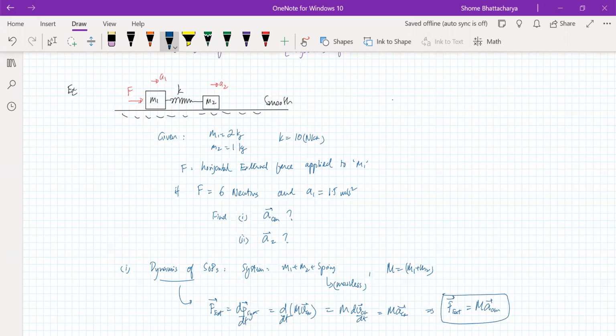So we'll be left with F equals M1 plus M2 into ACM. We don't need to make any free body diagram, because the net external force acting will be only F.